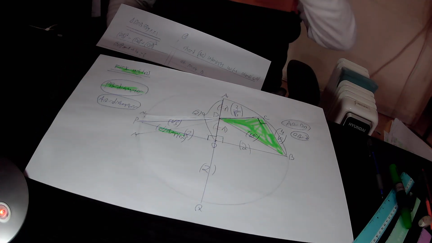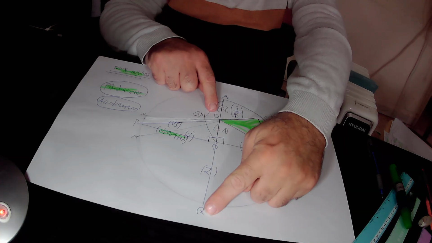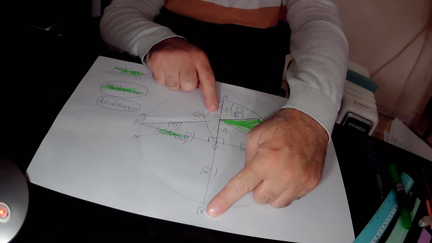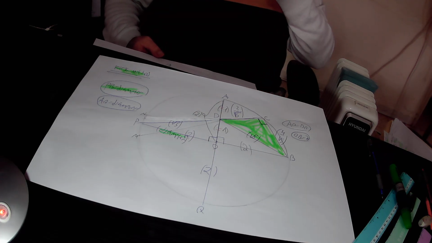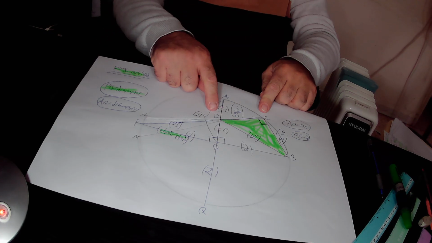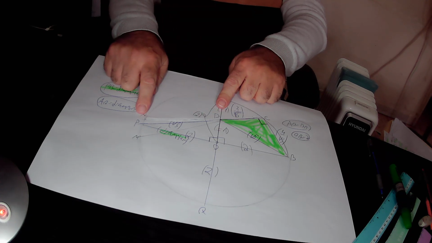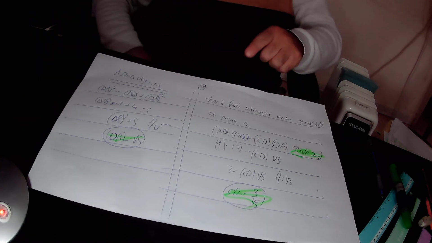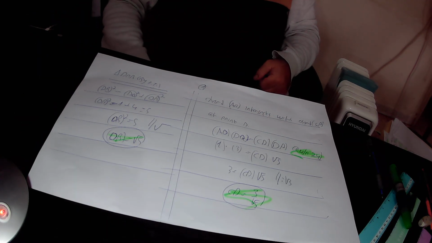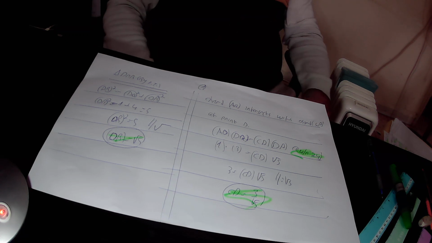AD is 1 times DQ. DQ in total equals 1 plus 2, that is 3. And it equals CD, the missing side, so we leave it as it is, times DP. DP is equal to root 5. So 1 times 3 equals CD times root 5. 1 times 3 is 3, so 3 equals CD times root 5.